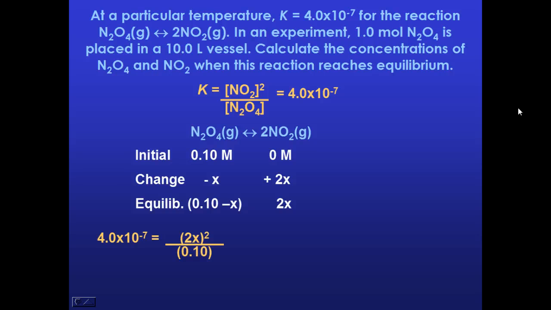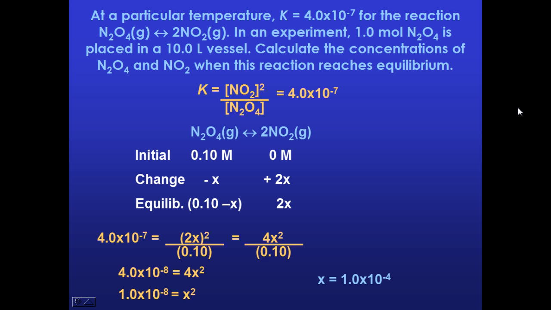When we go through and solve this algebraically, we're going to get that 4 times 10 to the negative 8th will equal 4x squared. Divide both sides by 4 and take the square root. And we get that x is 1 times 10 to the negative 4th. If you take 0.0001 away from 0.10, that's not going to change your answer. It's still going to be 0.1.